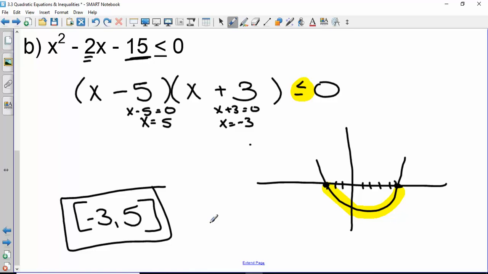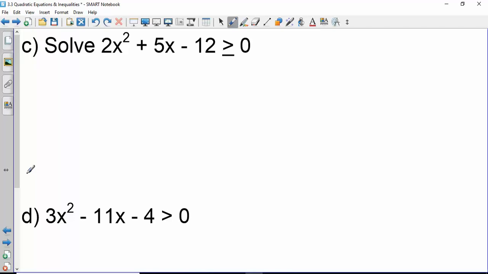Let's just keep doing this. All right. So what do I need to do here? Box method.